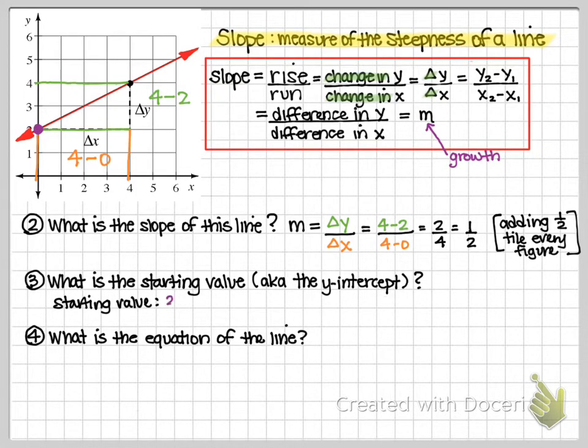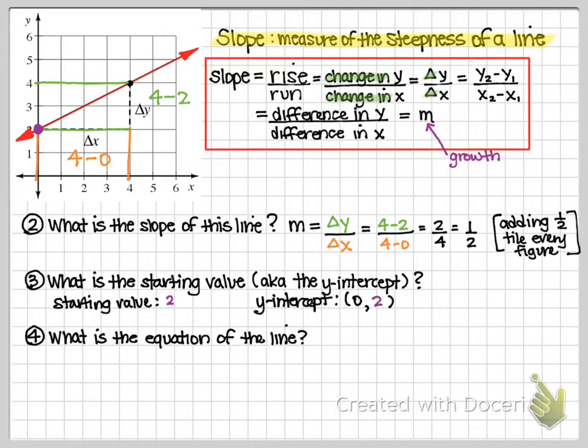So my starting value is 2. However, if I wanted to actually write out the y-intercept, remember that's written as a point. So it's going to be 0, whatever the starting value is, which in this case was 2.